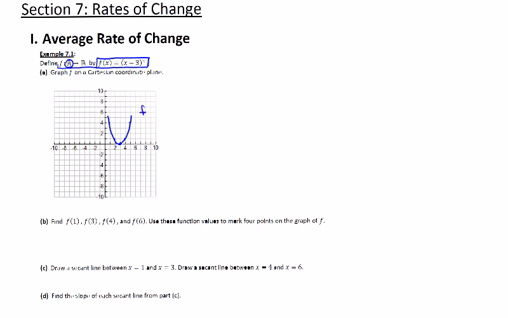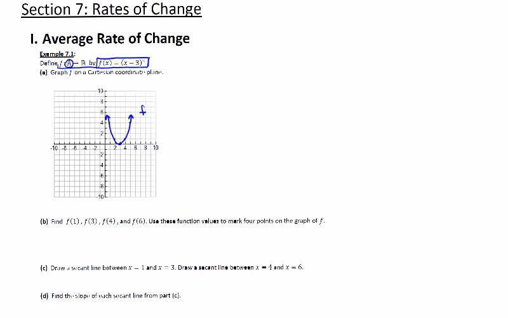Part B says find f of 1, f of 3, f of 4, and f of 6, and use these function values to mark 4 points on the graph of f. So we can use these as a means to check whether our graph actually fits what we were expecting.